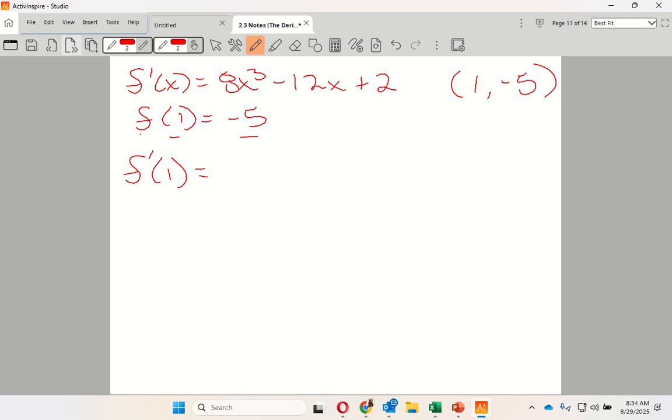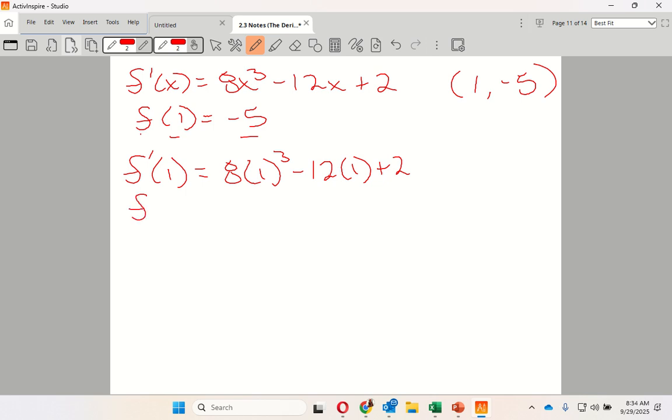So this is saying that when x is 1, I want to know what the slope is when x is 1. So I plug that in. 8 times 1 cubed minus 12 times 1 plus 2. So 8 minus 12 is negative 4, plus 2 is negative 2.